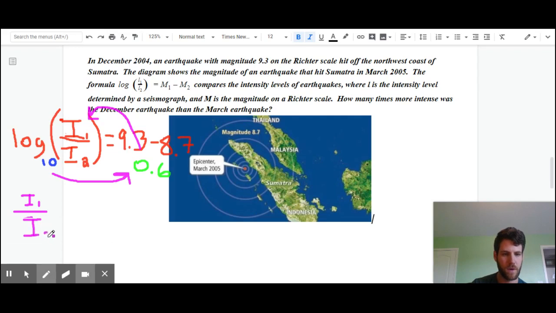I1 over I2 is equal to 10 to the power of 0.6.